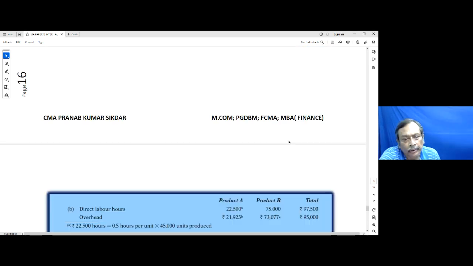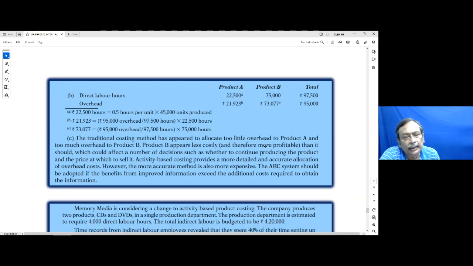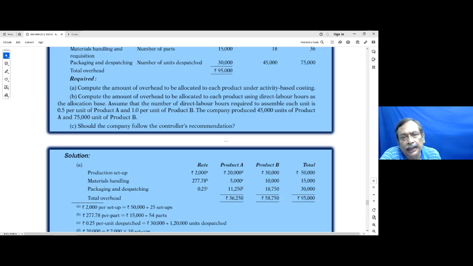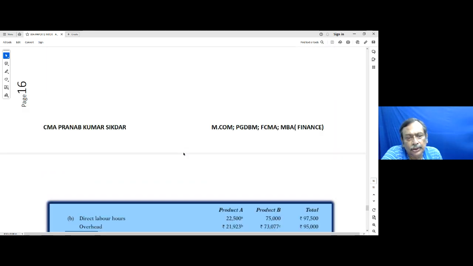Now, part B: compute the amount of overhead to be allocated to each product using direct labor hours as the allocation base. Assume that direct labor hours required to assemble each unit is 0.5 per unit of product A and 1 per unit of product B, and the company produced 45,000 units of product A and 75,000 units of product B. So we are going to solve part B.